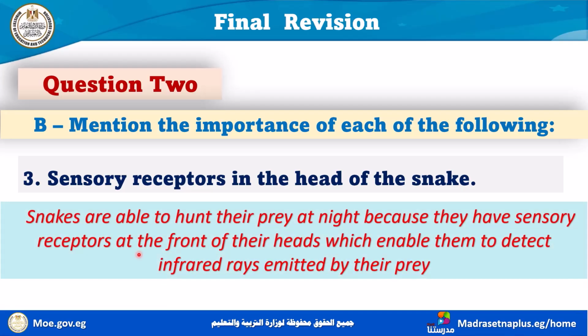Sensory receptors are very important in the head of snakes during capture of their prey, as these receptors receive the infrared radiation and can detect easily the body of the prey and enable the snake to locate and strike their targets accurately even in the darkness.